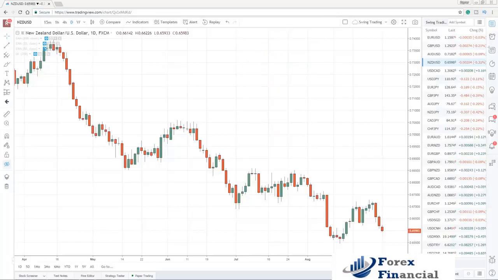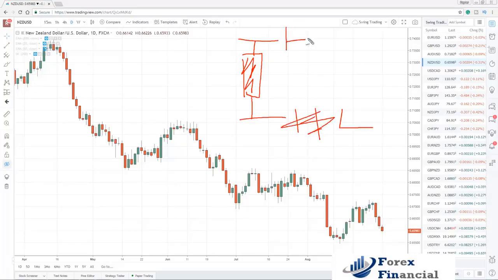Now what about the red color bar that you see? The red color bar is just the opposite. The red color bar is like this. Again, this is the high of the day and the low of the day. No, this is the low, and this is the high. And where is the open, on the top or the bottom?